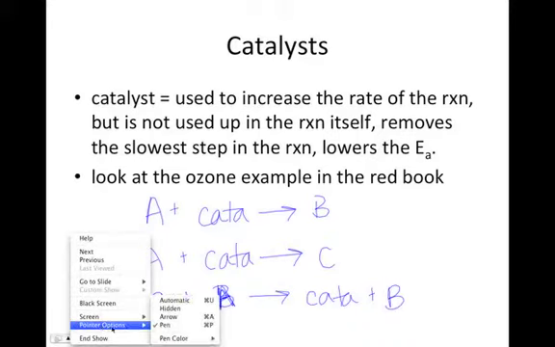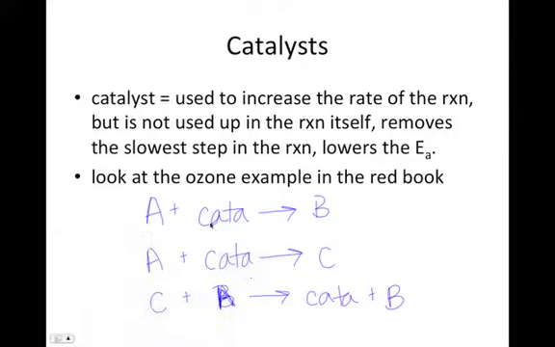And what happens here is that this is the overall reaction. And so we have to have the catalyst come out the other side. And so it looks like the catalyst wasn't ever used. It's just there in the reaction, kind of like a coach encouraging its players to do their thing.